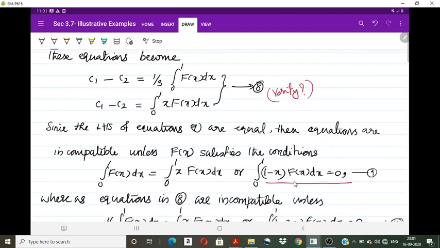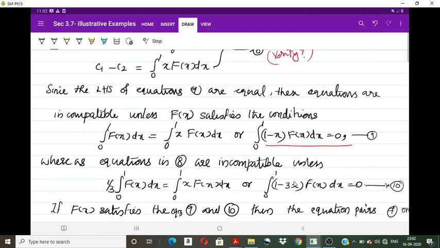So the system has no solution, that is, it is not possible to determine C1 and C2, if integral 0 to 1 of 1 minus x into f of x dx is not equal to 0, or unless this satisfies the condition that integral 0 to 1 of 1 minus x into f of x dx equals 0.